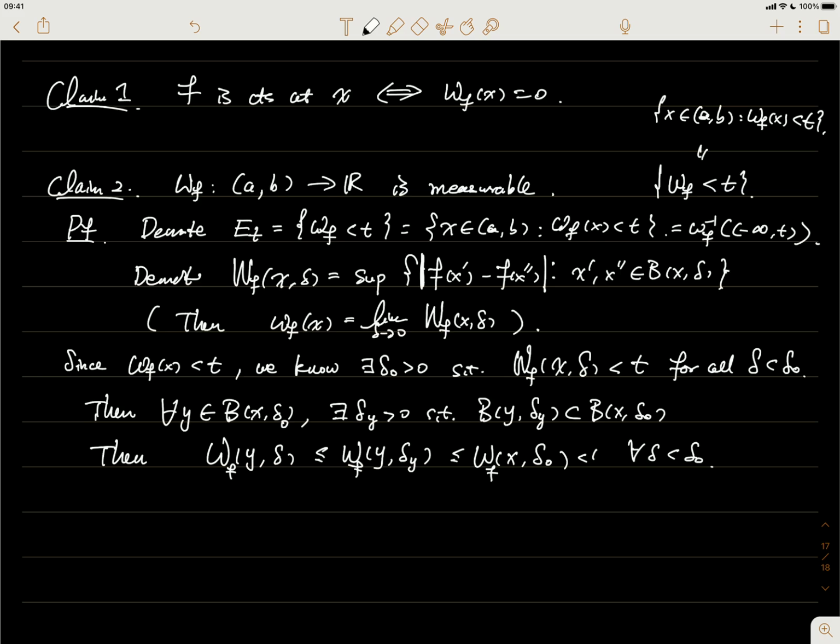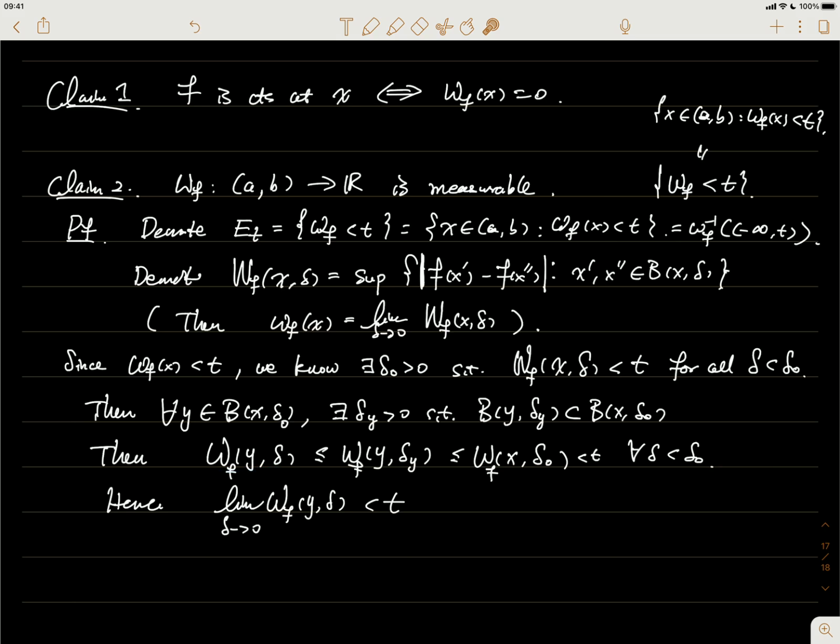So now with this, we can see that this is less than t, and that means the limit of this w_f(y, delta) when delta goes to 0 is going to be less than t, right? Because for all the delta smaller than this, I know this is less than t.